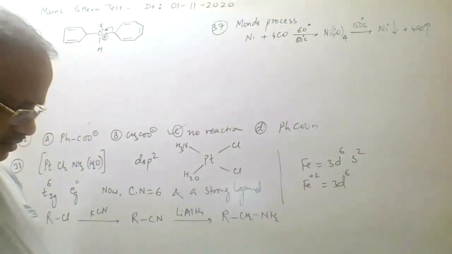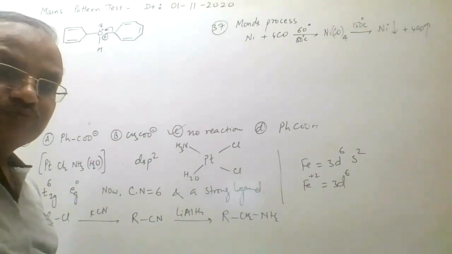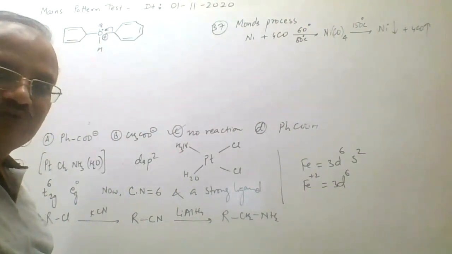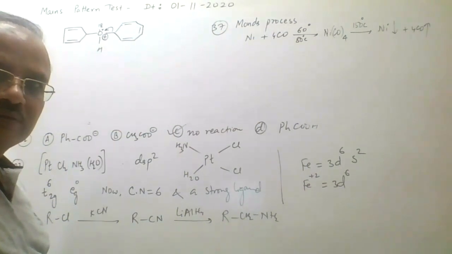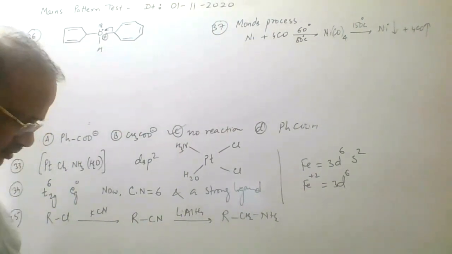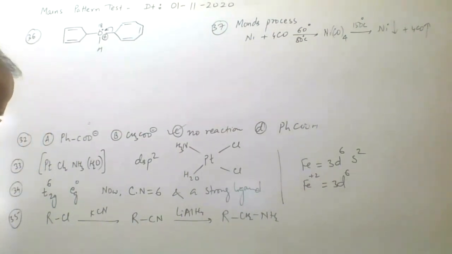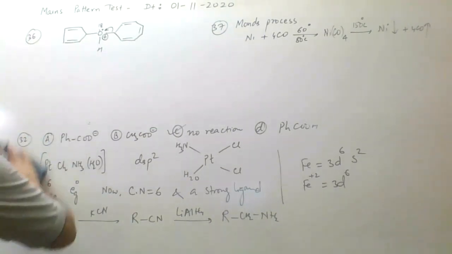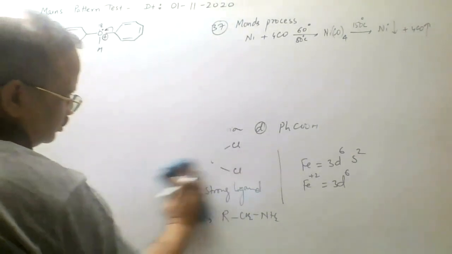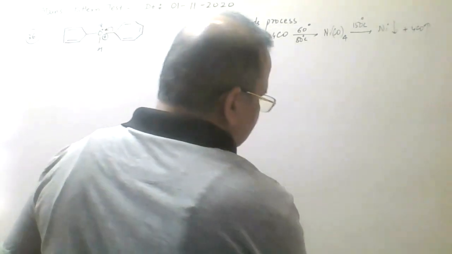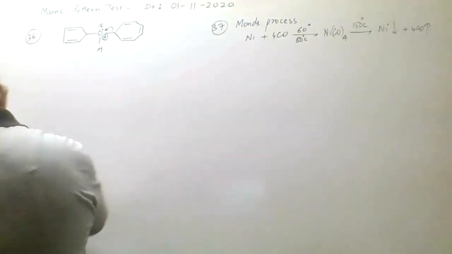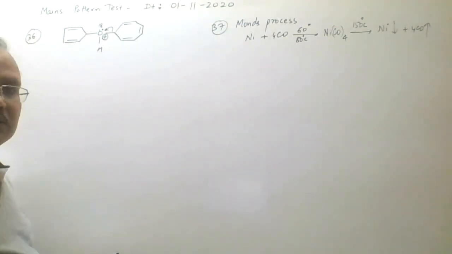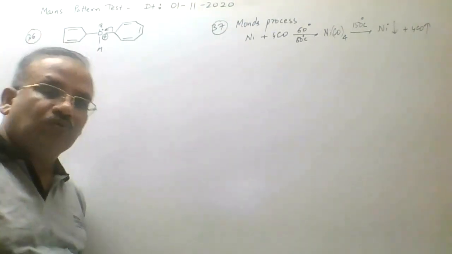Next we can write: it is a Mond process for the vapor phase refining of nickel, we know that. Next we can say that one of the products on heating with dilute nitric acid, copper and zinc relatively. We know that if it is concentrated HNO3, then the gas liberated is always NO2.